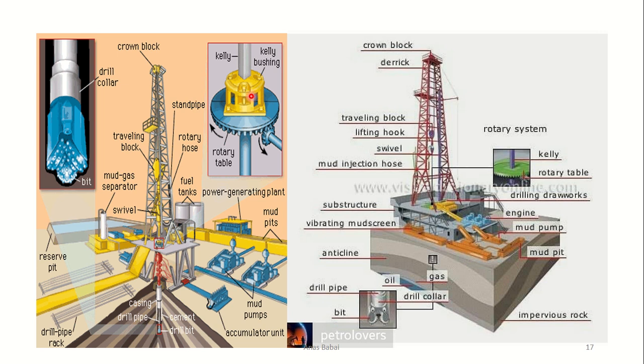This Kelly bushing is very important for the petrophysicist, because in some cases the total depth of the borehole is calculated from the Kelly. The information is found in the log sheet, in the log header.